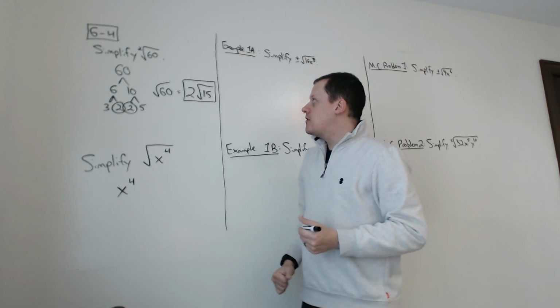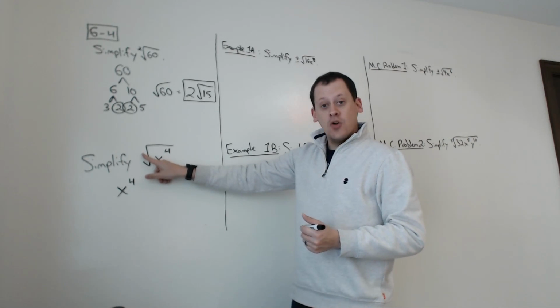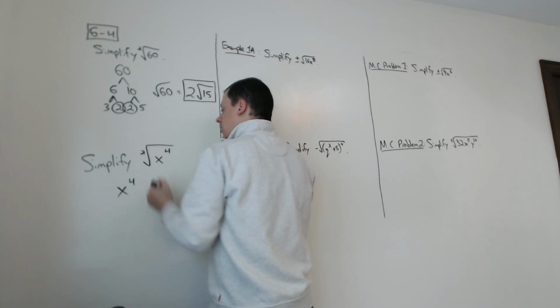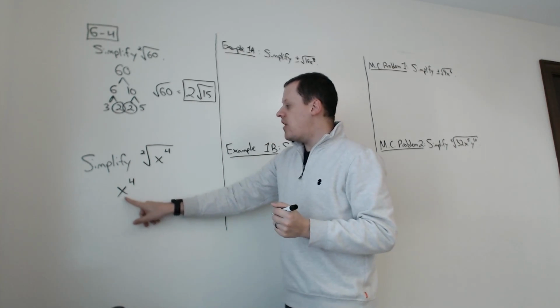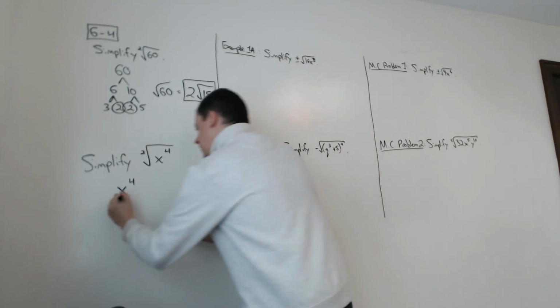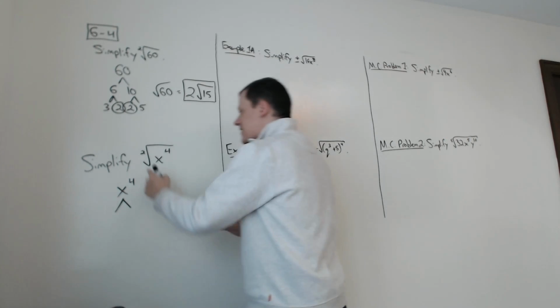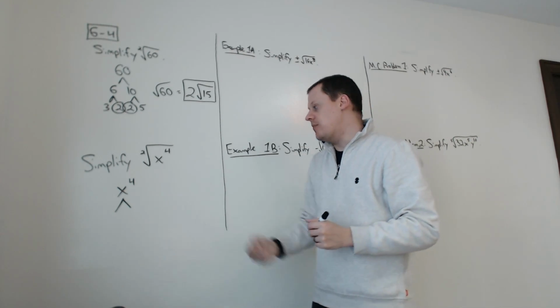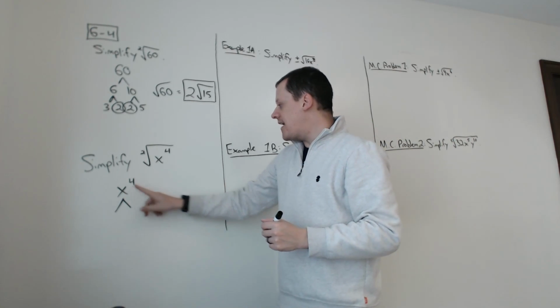Okay. And remember, if there's no root number here, it is a 2. So what we're trying to do is write this when we break it down in such a way that there are two things that are the same. That way we can pull them out. So how can we divide x to the 4th?